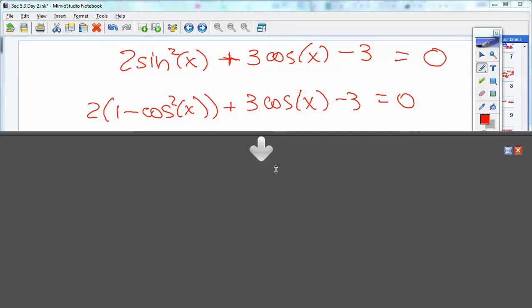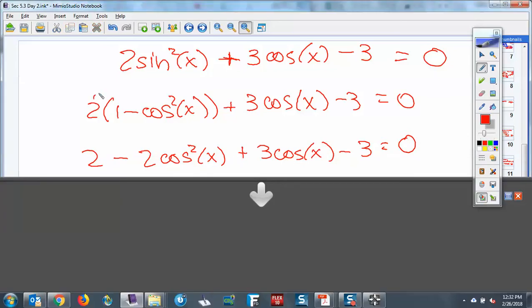Okay, so we can make that substitution, then we can distribute the 2 right there. Now we can combine some terms. Here I did a couple of things in one step. I would rather have a positive on my squared term when I do FOIL. That's just easier. And I have the 2 and the -3 I can put together to make -1.